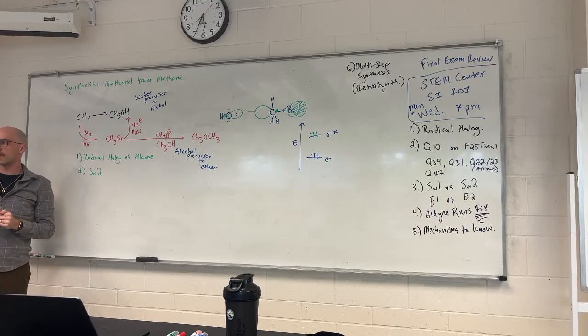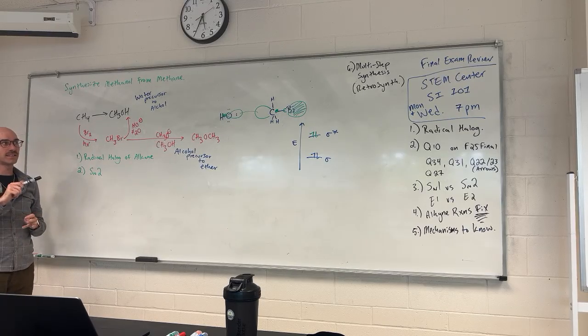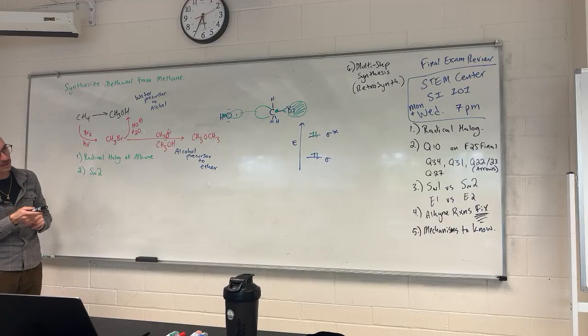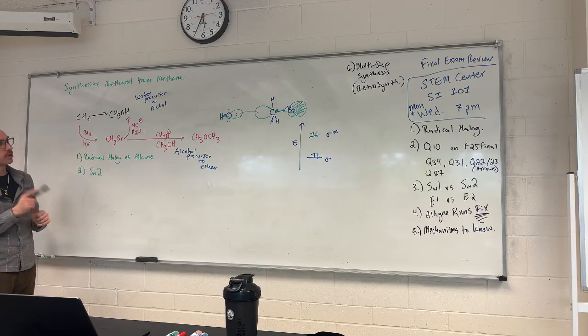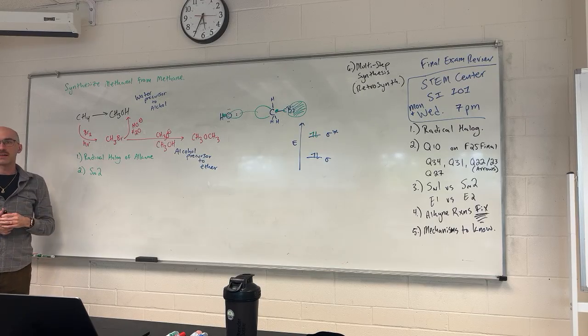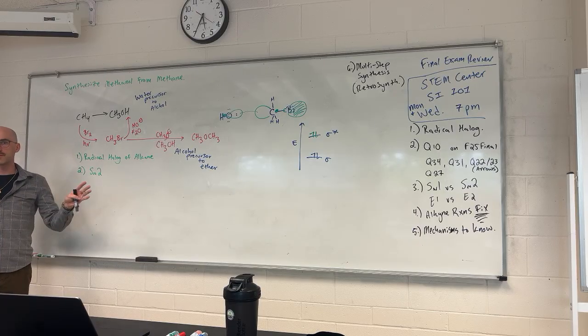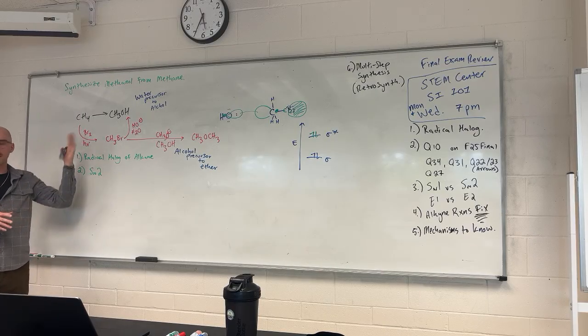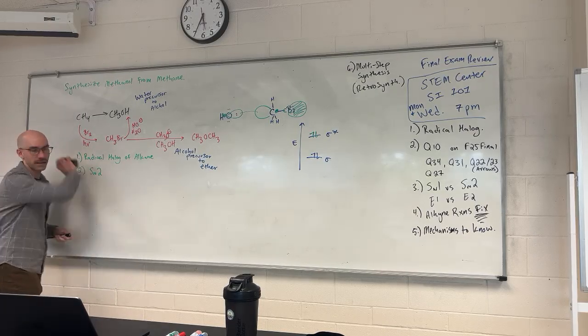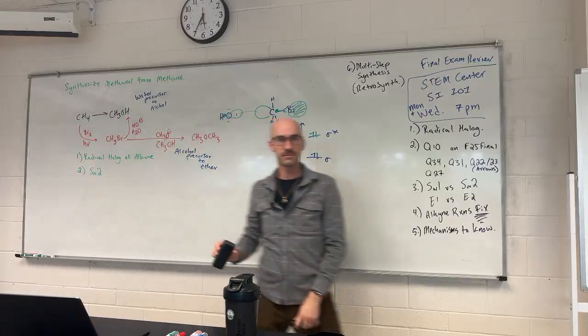Okay, we talked a little bit about multi-step synthesis, a little bit about substitution, a little bit about halogenation, but let's step into another radical halogenation question so that we can see the distinction. Methane is pretty simple. You guys are all right if I erase this on the left?